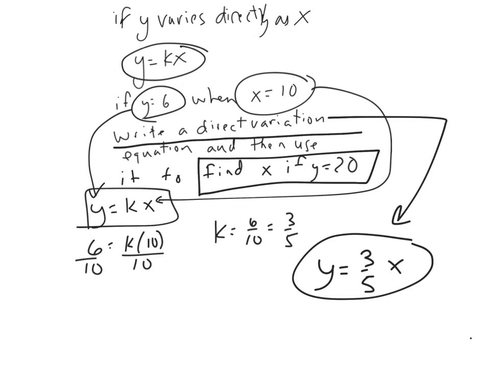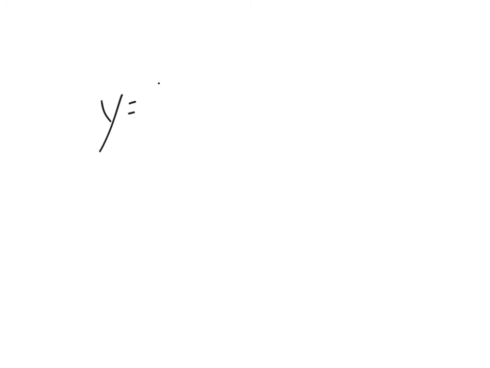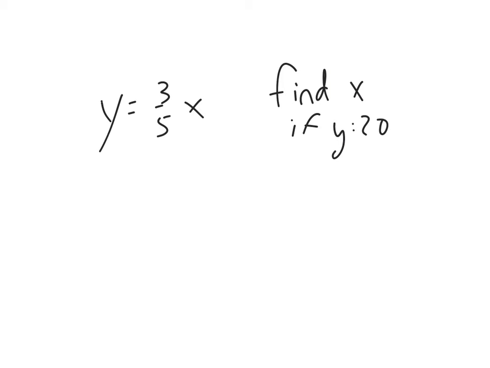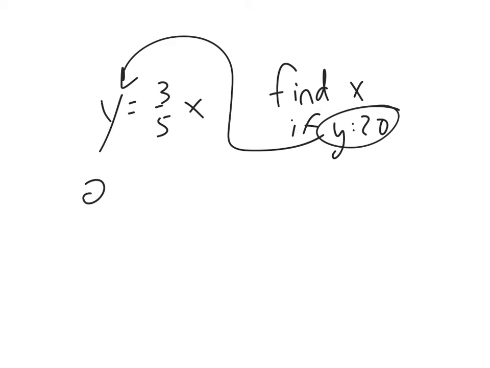So I'm going to go to another screen here. Y equals 3/5 x, and we're going to find x if y is 20. So now we just plug in 20. Do I have enough information to find x? 20 equals 3/5 x? Yeah, I can get rid of the 3/5 by multiplying, right? So if I multiply by 5/3, this is going to cancel.